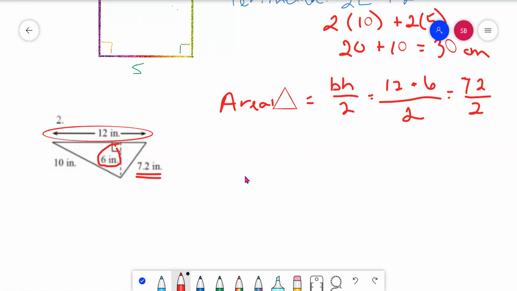So 2 can go into 72. So that would be the area would be 36 inches squared. Area, you always square, you square the unit of measure, not the number.